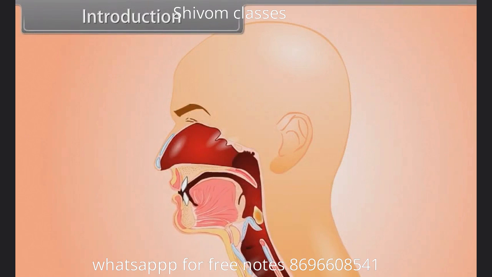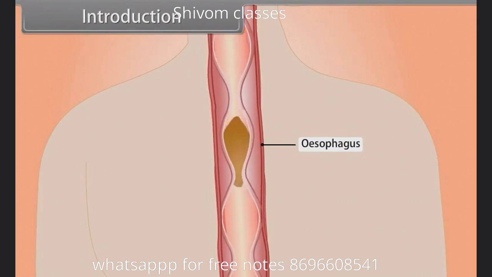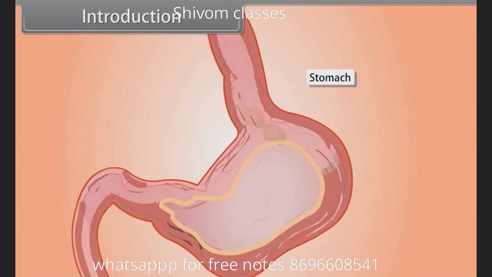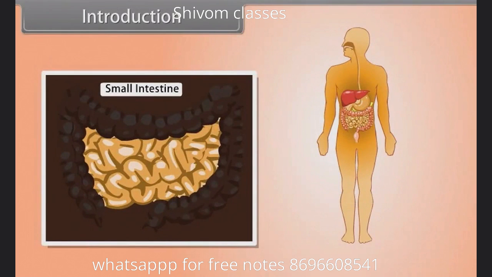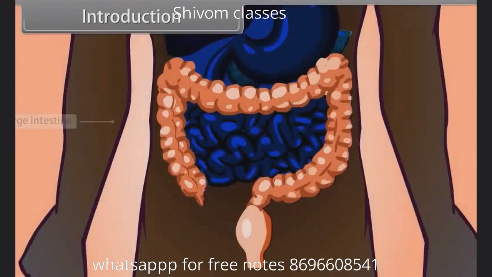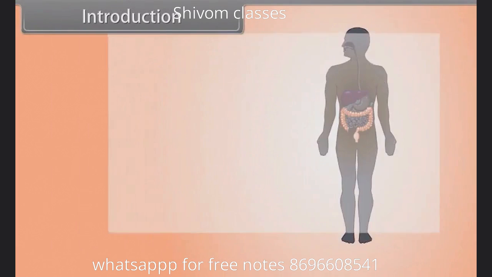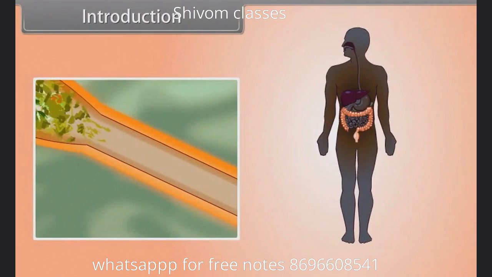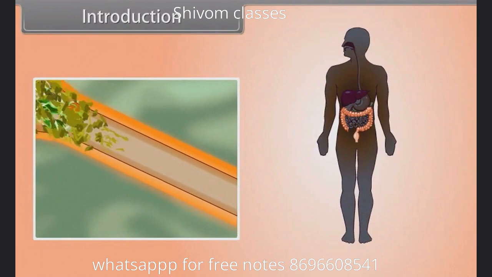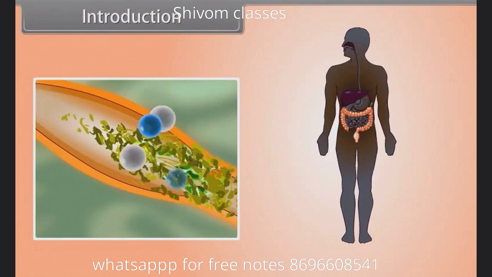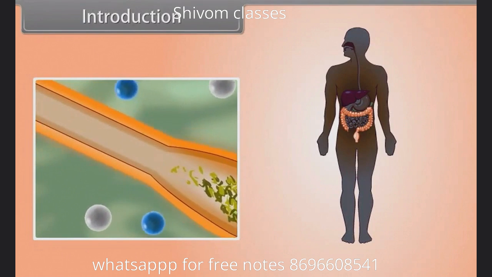Yes, through mouth and then through esophagus, food goes to stomach where digestion of protein starts and then food enters into the small intestine from where the undigested food goes to large intestine and then is ejected out from the body through anus. After the digestion of food, the nutrients are absorbed from the digested products. So, throughout this module, we will learn digestion and absorption.